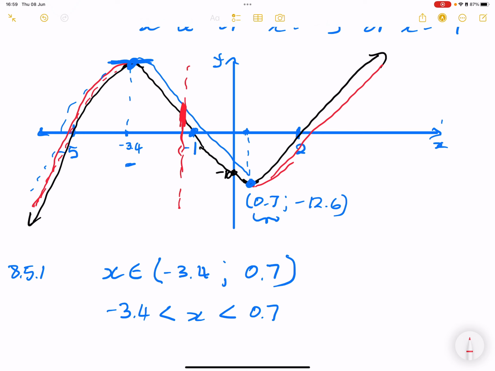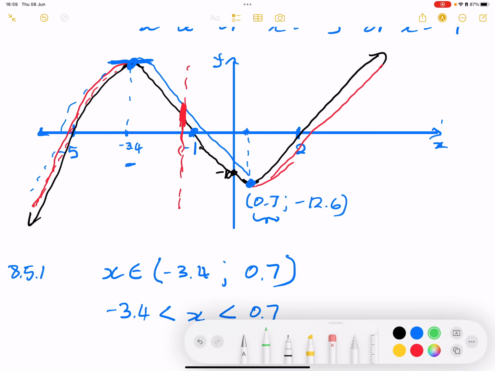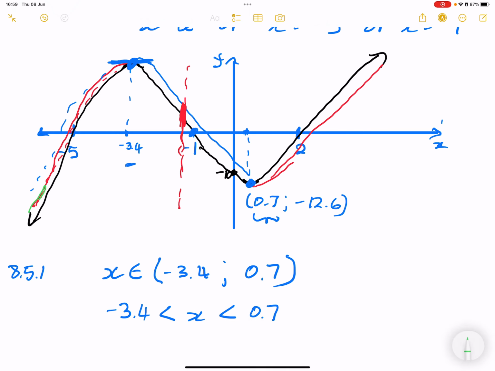I'm sure you can already see where our solution is. It is an increasing function all the way up until here, and in this case, it is also concave down. So for x, an element of negative infinity up until that turning point, it is both concave down as well as an increasing function. The gradient is positive.